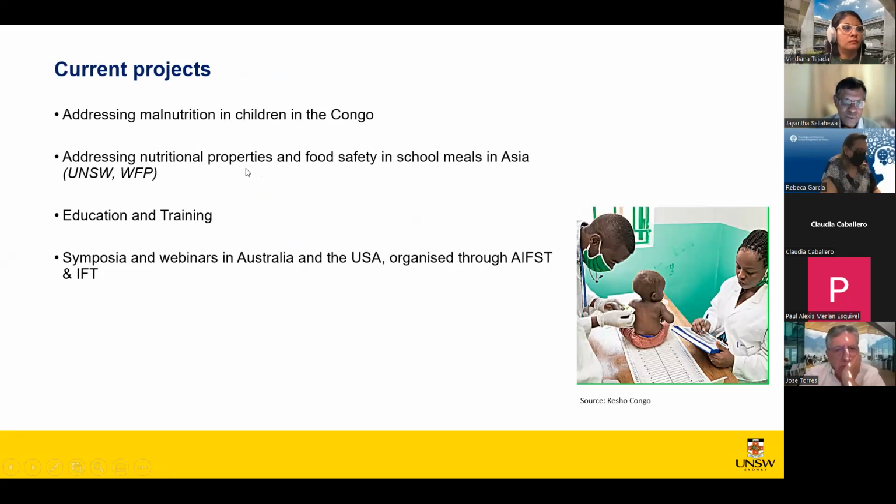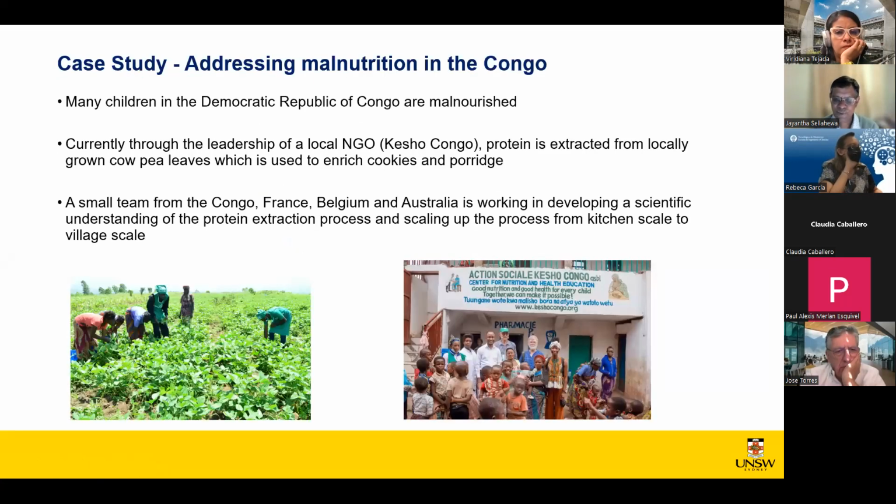We are about to start a new project with UNSW and WFP in Bangkok, looking at school children's meals in Nepal and Sri Lanka, education and training. And we have held a few symposia already through ISFE and IFT, and this work will continue.